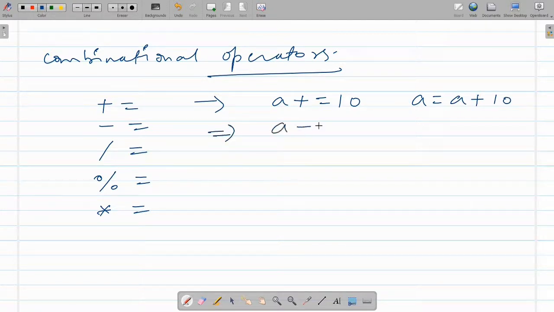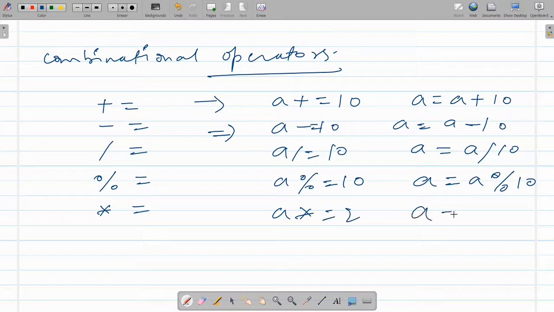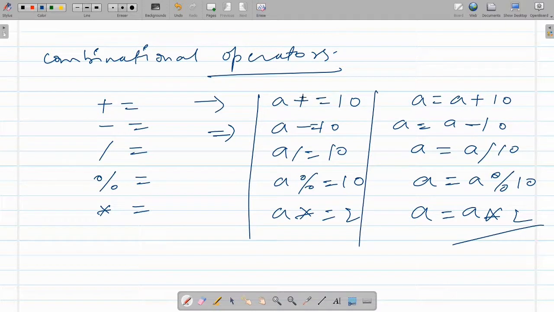Minus equal: a minus equals 10 is a equals a minus 10. A divide equal 10 means a equals a divided by 10. A mod equal means a equals a mod 10. And a multiply equal 2 means a equals a multiplied by 2. These are the shorthand operators which can be written like this, and in both cases the resultant will be the same.